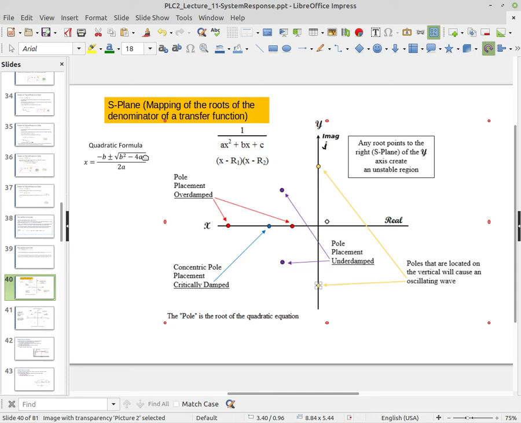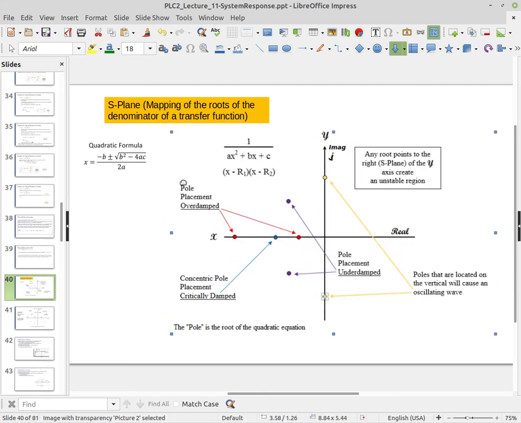So the zeta, that damping coefficient, is in there. So we're saying basically if the damping coefficient is bigger than 1, then this system will not oscillate. And if that's the case, you're going to have these red dots here, which are what we call overdamped placements of the poles.